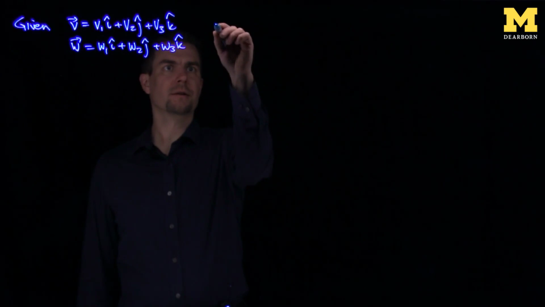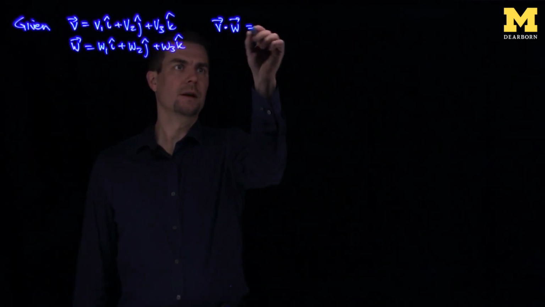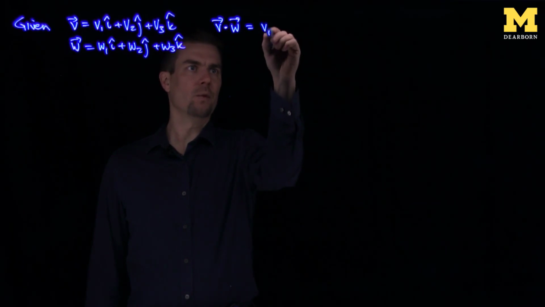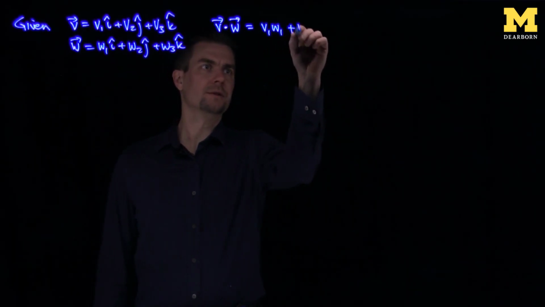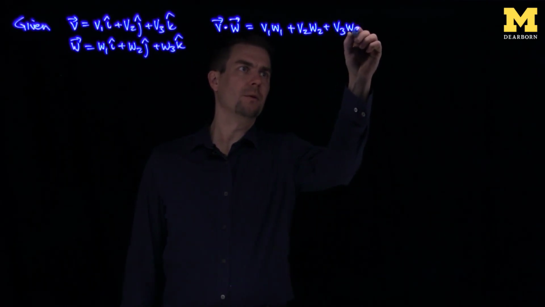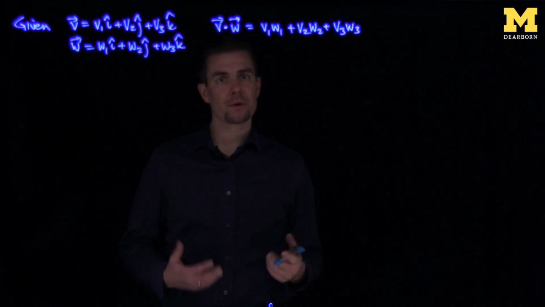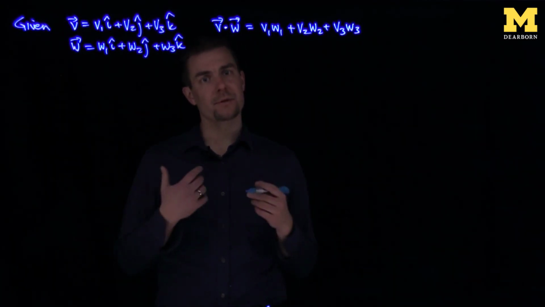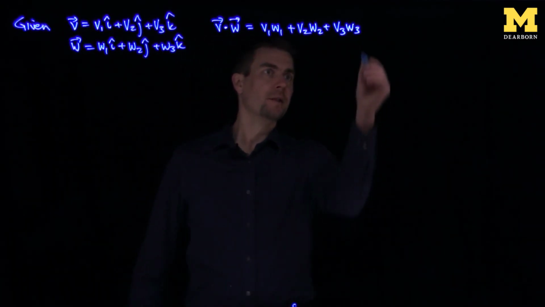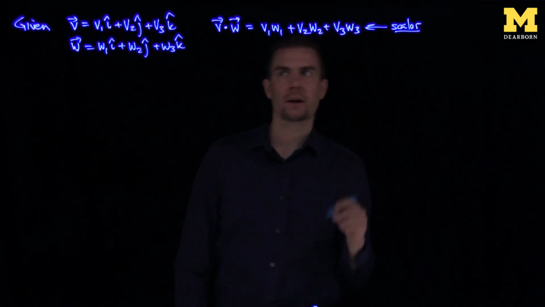We have the dot product, v dot w, and that will be v1 w1 plus v2 w2 plus v3 w3. In other words, I multiply the i components, I multiply the j components, I multiply the k components, and I add the results together to get the dot product. This is a scalar quantity, so the dot product outputs a scalar quantity.